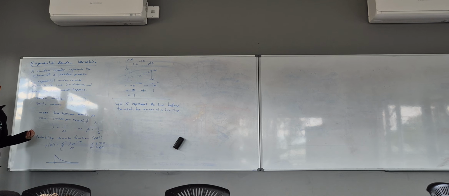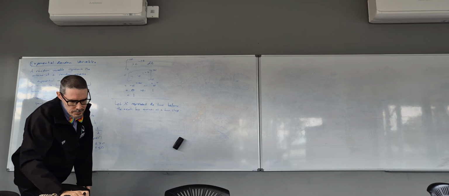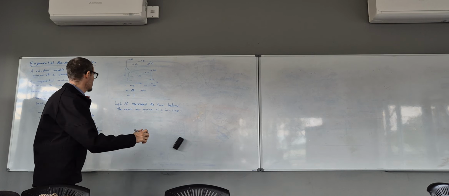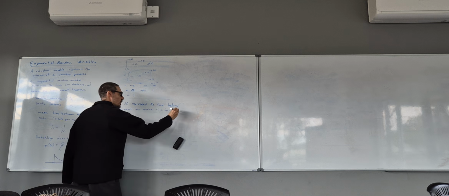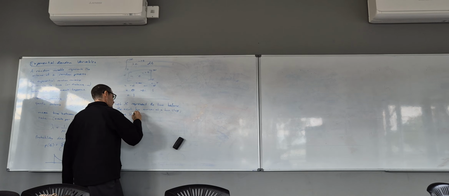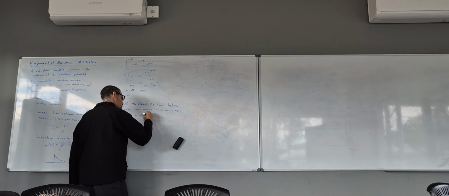So it's a random variable. It represents the time interval before the next thing happens. I might go comma, where x is exponentially distributed.